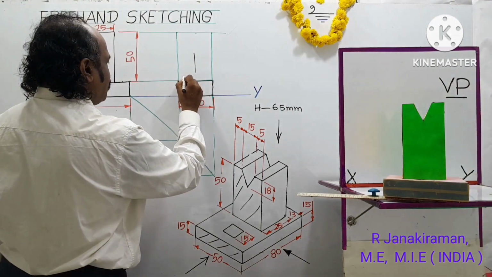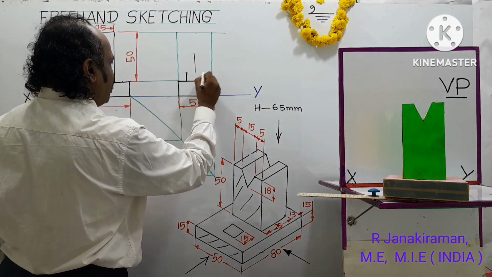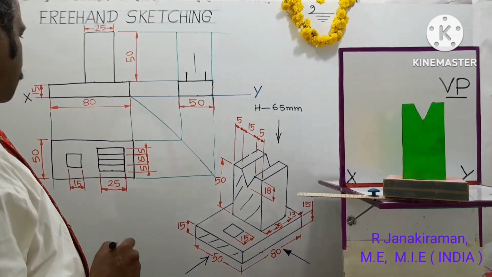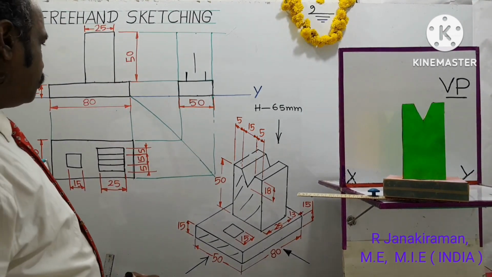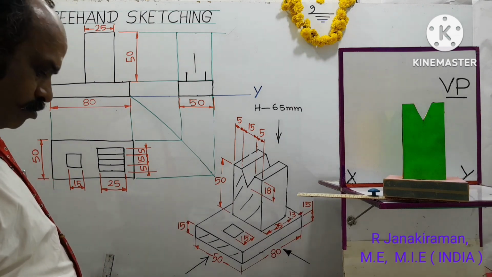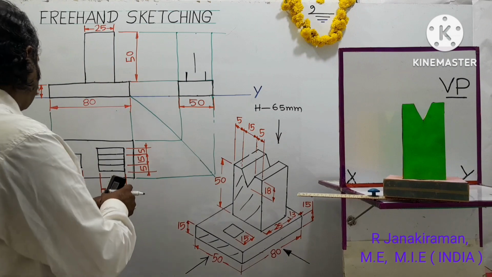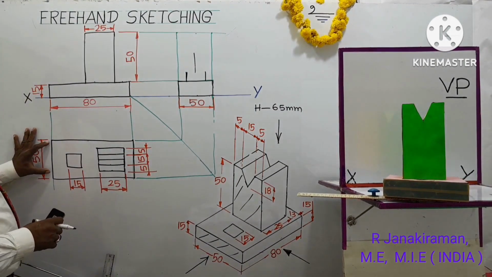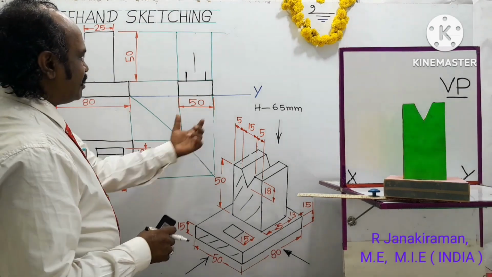So here you draw two parallel vertical lines. Here the 50 mm distance is somewhat greater, whereas here it is lesser.